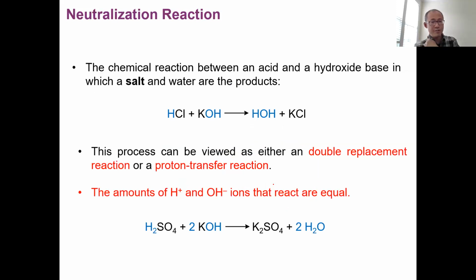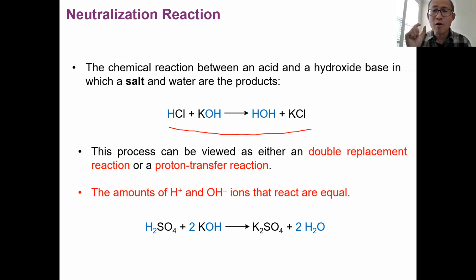Now, after we introduce acid and base, let's take a look at the reaction between an acid and a base. When an acid and a hydroxide base, like potassium hydroxide or sodium hydroxide, react, here is one of the examples: an acid, HCl, and a base, KOH, react.